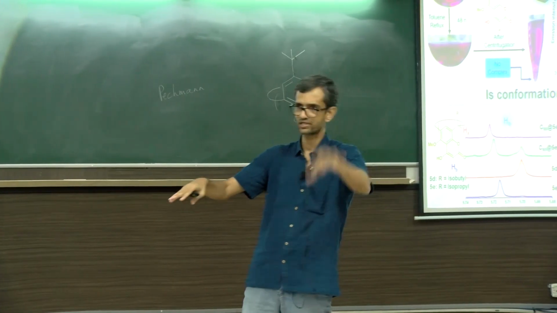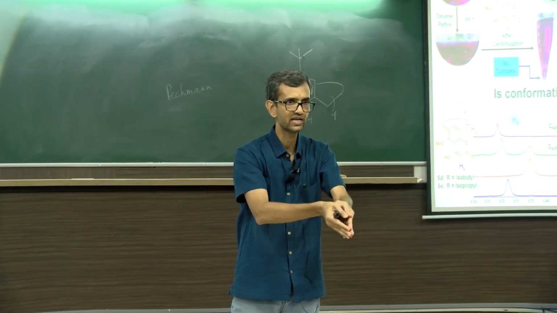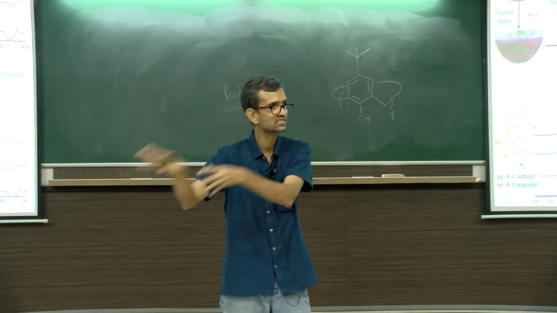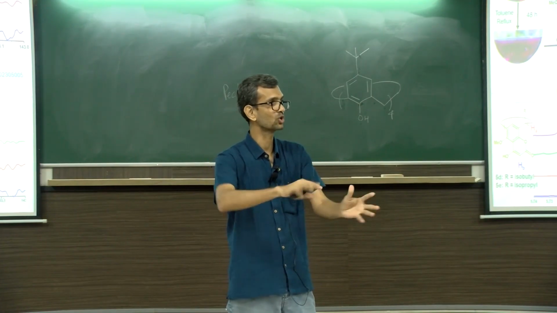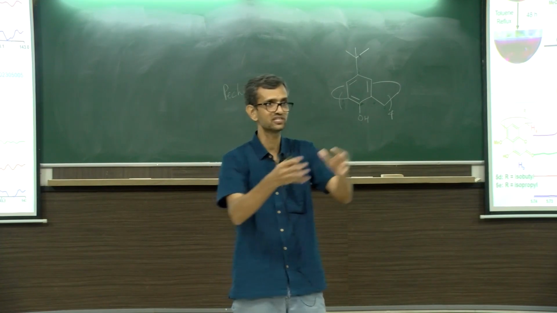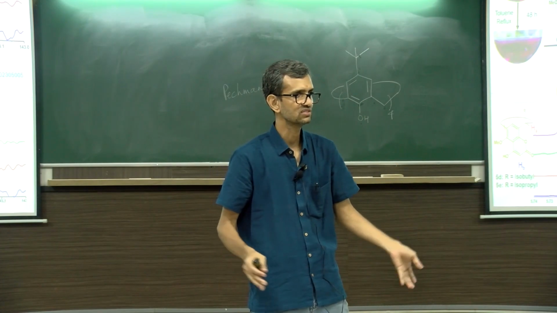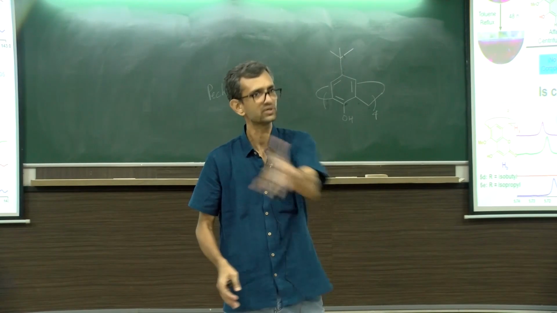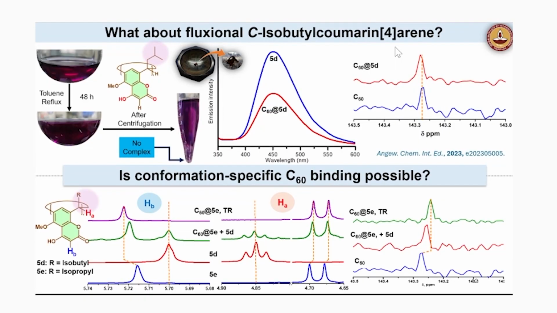One is flexible, another one is rigid, and then put 0.5 stoichiometry of the fullerene. Now at any given time the rigid alone should capture this. So that must have resulted in a quantitative complexation, right? So 50% of the solution must have formed a complex and 50% must be remaining in solution, and you can just filter it off, do the characterization, ensure that you have quantitatively recovered that 50% uncomplexed, 50% completely complexed, and those are the set of experiments which confirm that a conformation specific binding of the macrocycle is possible.